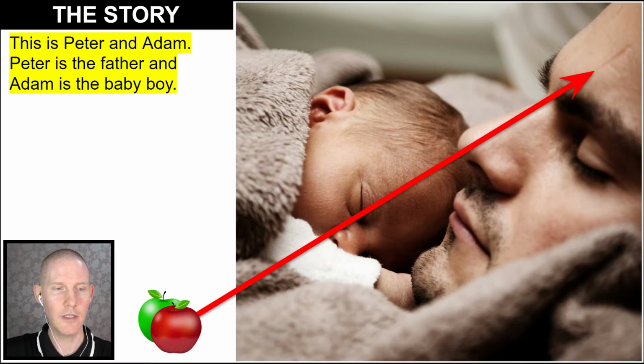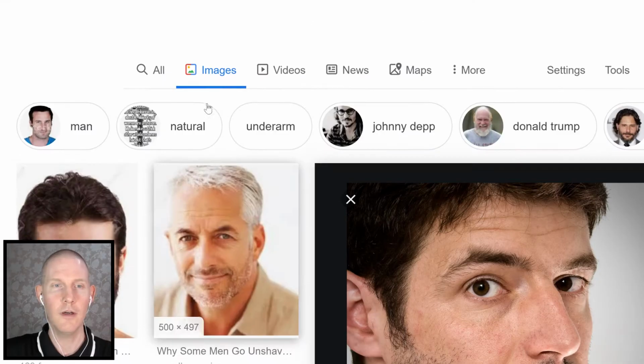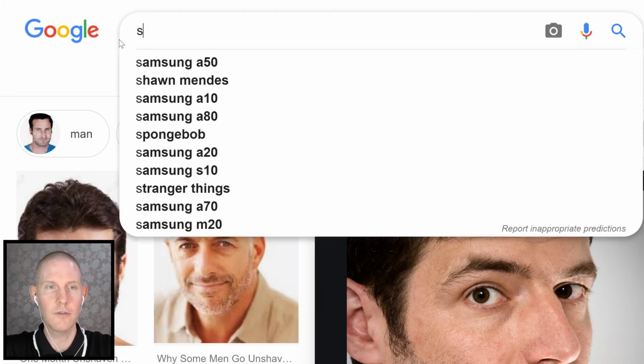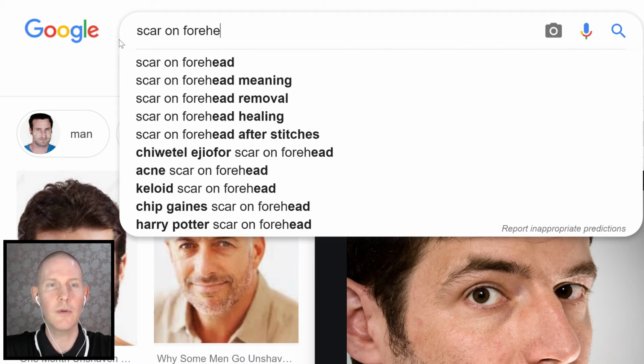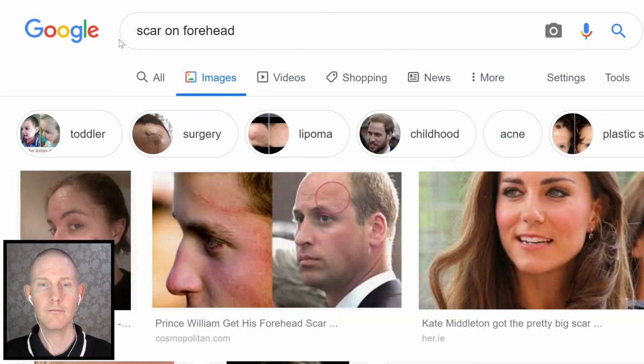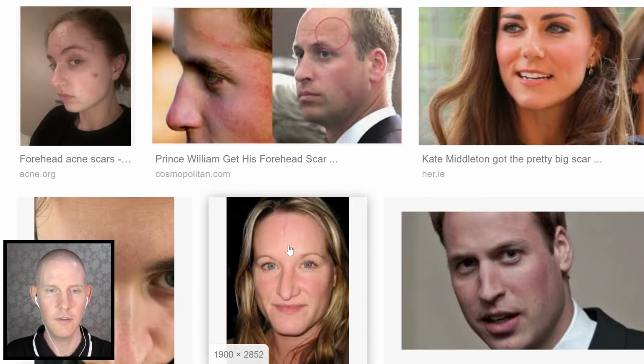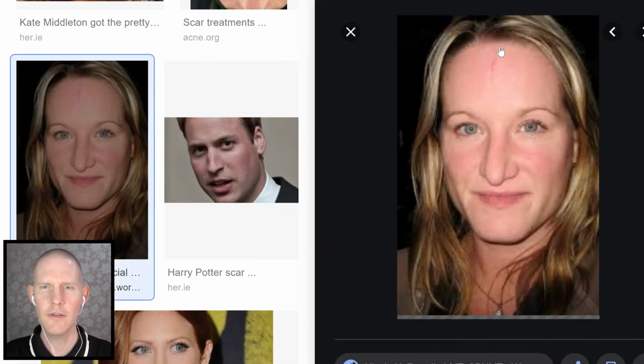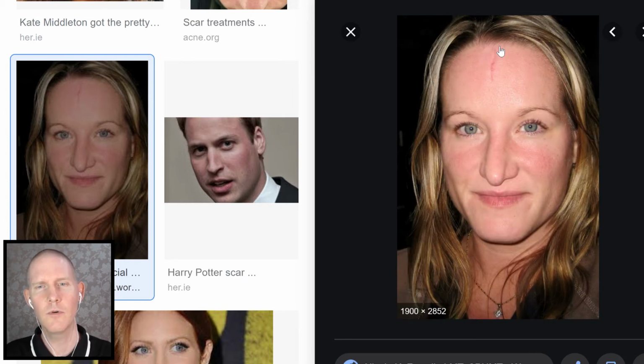And let's go take a look at some pictures. A scar. Scar on forehead. How about that? Okay, so there you go. This lady, I think it's a lady, or it's a guy who used to be, or a woman. I'm not sure if it's a man or a woman, but who cares?